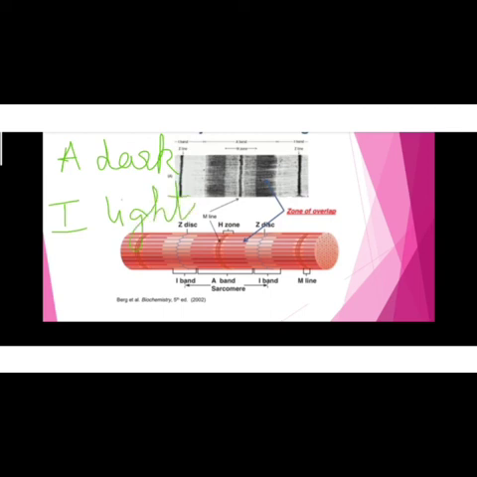Forgive my handwriting. So you know A band is dark band and I band is light band. I band is the band where only and only actin filaments can be seen, whereas A band is the band where actin and myosin can be seen, and that's why it's kind of dark. So thank you.